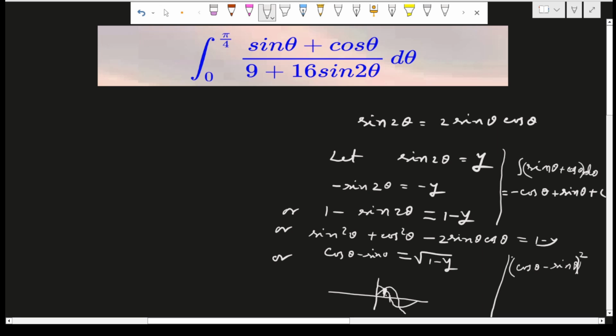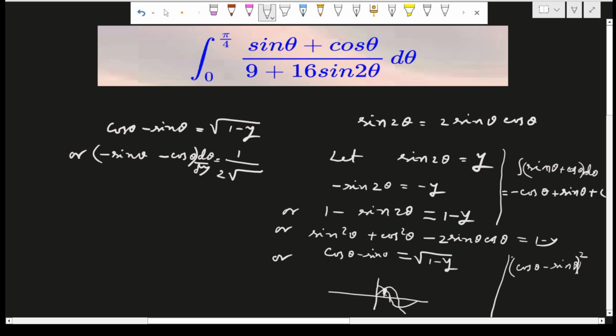Now what should we do? Cos theta minus sin theta, that is equal to root over 1 minus y. Differentiate this with respect to y. The derivative of cos theta minus sin theta, in bracket, d theta, is equal to 1 by 2 root over 1 minus y times the derivative of 1 minus y, which is minus 1.